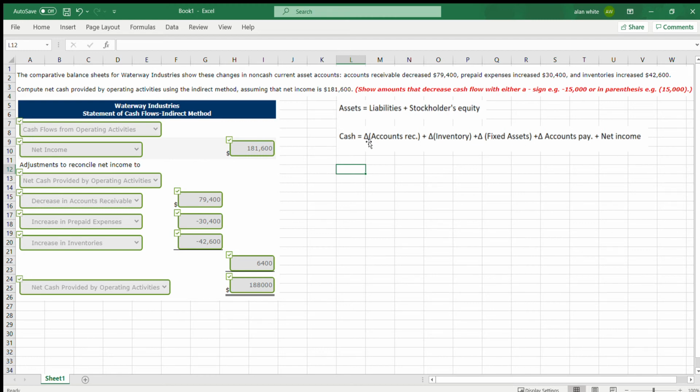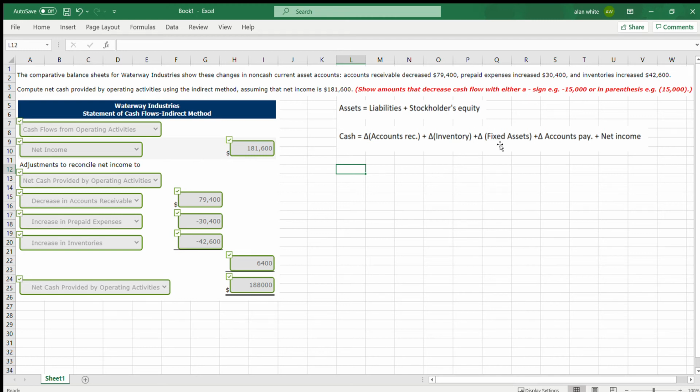So it's really interesting to look at this because you'll notice that whereas accounts receivable normally has a debit balance, we're normally used to seeing accounts receivable in the positive. On the statement of cash flows, it's actually going to be the opposite. It's going to be a negative value for an increase. Same thing for inventory. When we increase inventory, it's going to be a negative value.